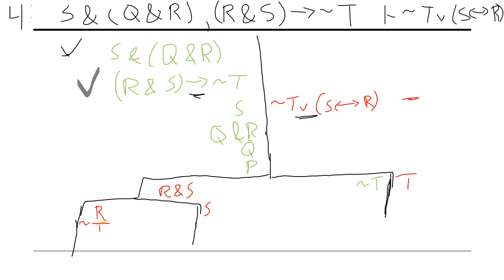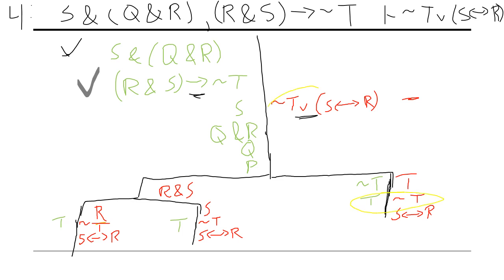Not T. And then S double arrow R. Not T. S double arrow R. Not T. S double arrow R. I'm going to just flip these T's across like that, getting rid of these tildes here.